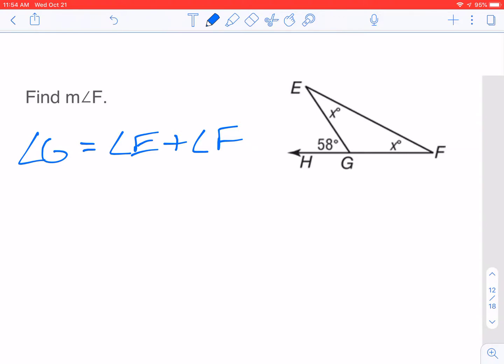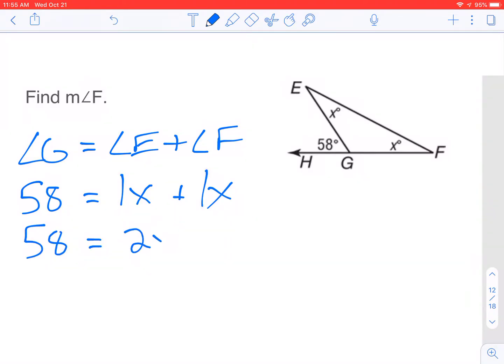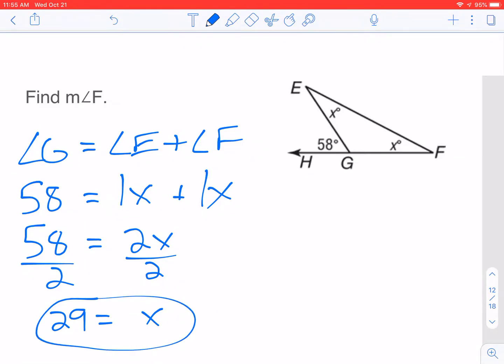So angle G is 58, angle E is x, and angle F is x. I'm going to put a 1 in front of those to help me solve. 1 plus 1 is 2. Divide both sides by 2. And I get x equals 29. It says find the measure of F. Well, that's 29. They're both 29. 29 plus 29 is 58.